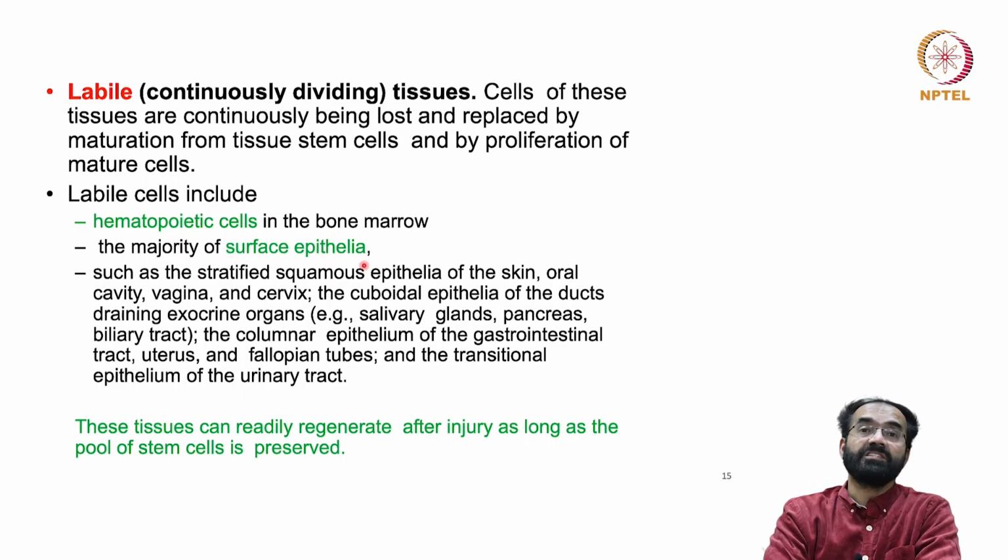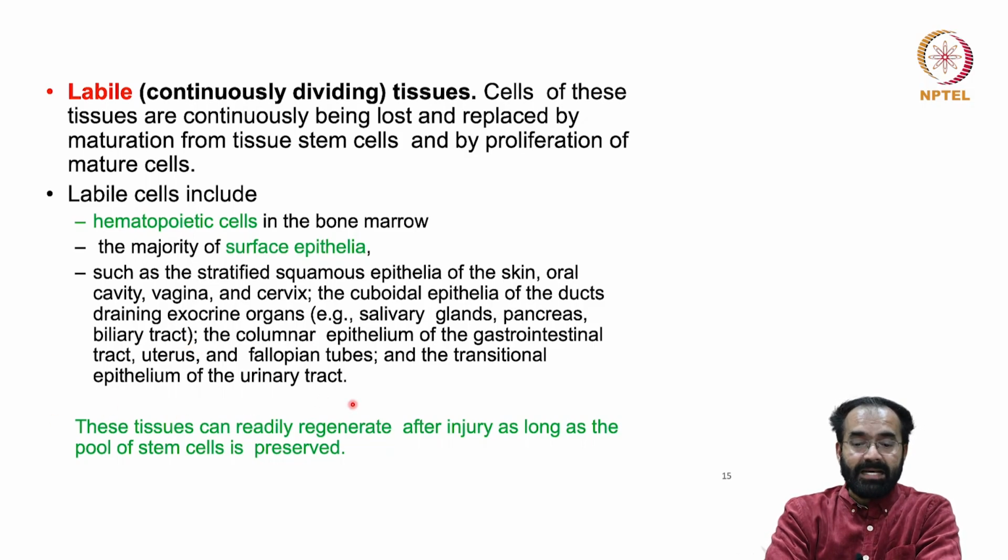The majority of the surface epithelia have these features, such as the stratified squamous epithelia of the skin, oral cavity, vagina and cervix, and the cuboidal epithelia of ducts draining the exocrine organs, salivary glands, pancreas, biliary duct tract, etc. The columnar epithelium of the gastrointestinal tract, uterus and fallopian tubes are further examples of labile tissues.